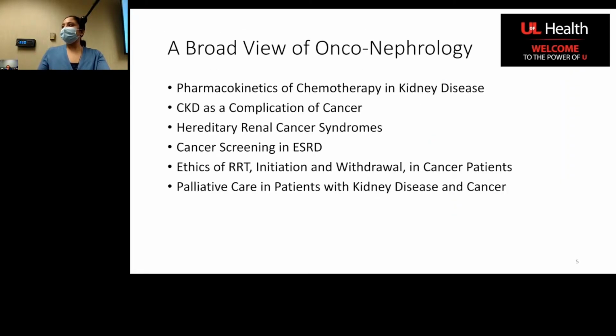There are several other topics which I may not go into much detail today, but at some point we should look into them too, such as pharmacokinetics of chemotherapy in kidney disease, cancer screening in ESRD patients, ethics of dialysis initiation or withdrawal in these patients, and in general palliative care in patients with kidney disease and cancer.